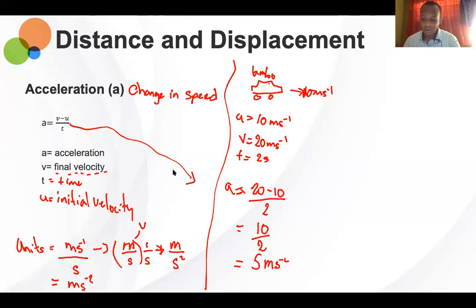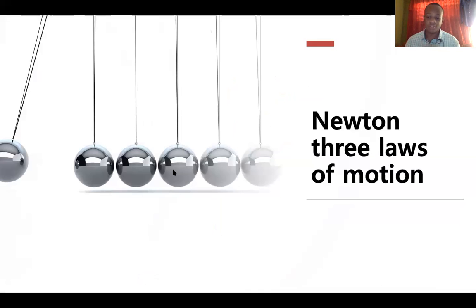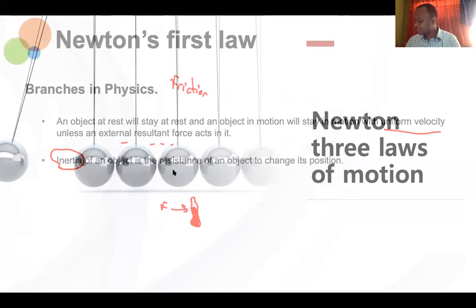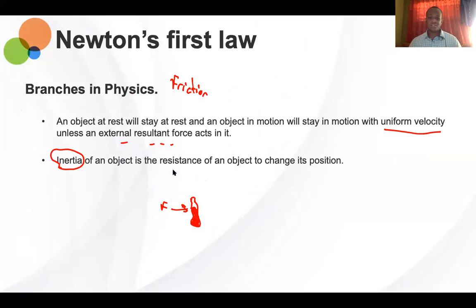All right, so we'll move on now to Newton's 3 laws of motion, right? And we started to talk about this already from last class. We said that an object at rest will stay at rest, and an object in motion will stay in motion with a uniform velocity unless an external resultant force acts on it.